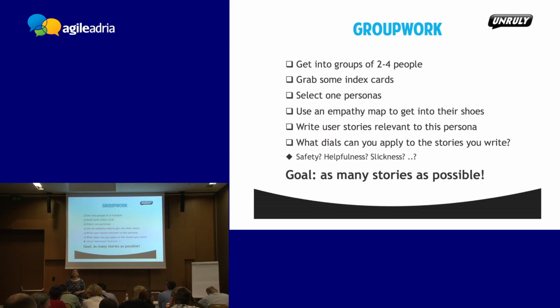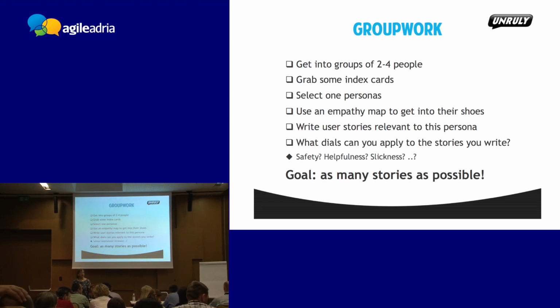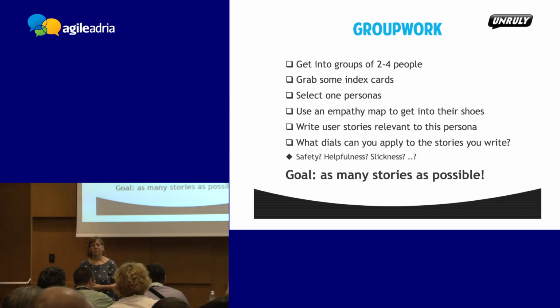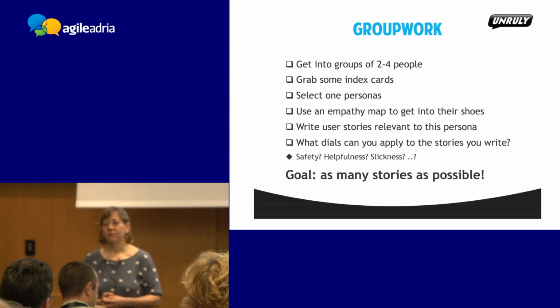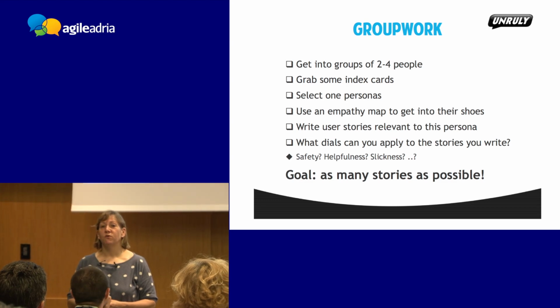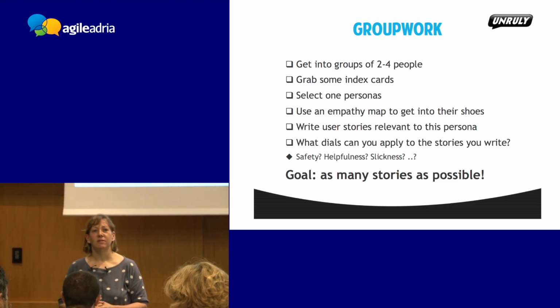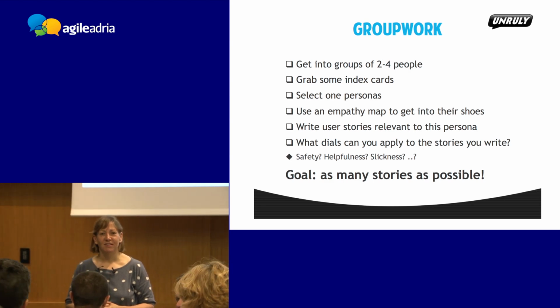Okay. So apparently the 10 minutes are up. Can you count how many you created? Who had more than 4 stories? Who had more than 10 stories? Who had more than 20 stories?